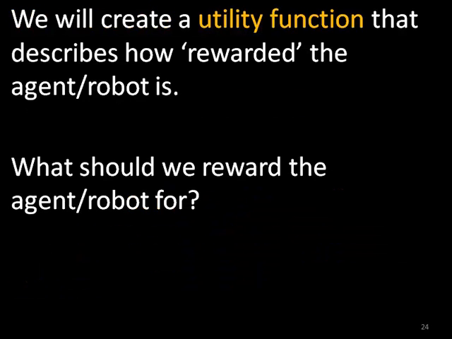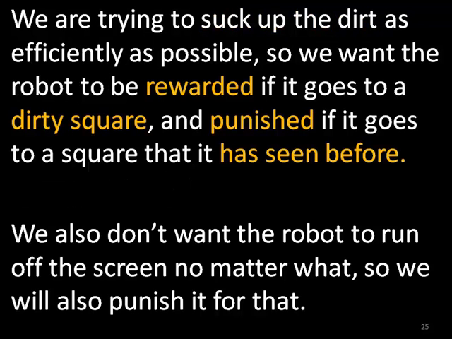We're going to create a function called the utility function that describes how rewarded or how punished the agent is going to be. In order to do this, we have to decide what we should reward the agent for and what we should punish it for. In this case, we're trying to suck up the dirt as efficiently as possible.